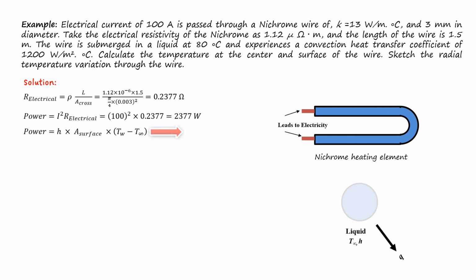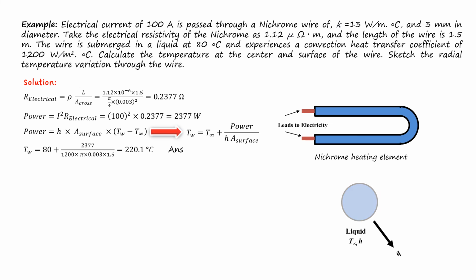Power equals h times A surface times T sub w minus T infinity, and that will give T sub w equal to T infinity plus power divided by h times the surface area of the heating element.